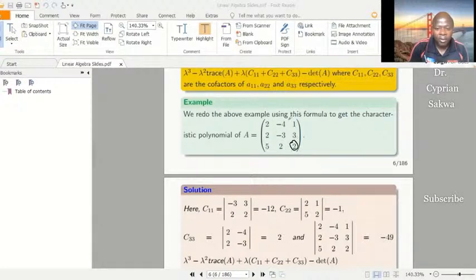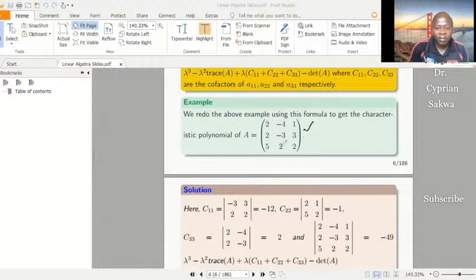Delete its column and its row, and you can see the matrix that is left. So the determinant of that matrix is the cofactor C33. So it's very easy. You just get the cofactor of this element, cofactor of this element, cofactor of this element. And then after that, you now come to finding the determinant of matrix A, which you are aware of.